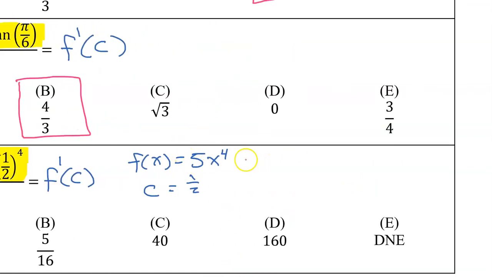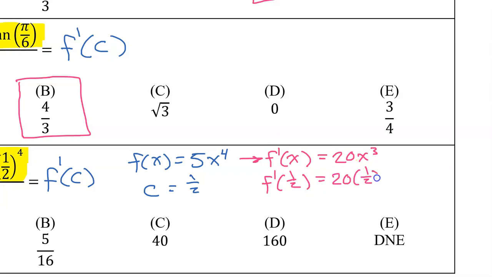So f prime, first I'm going to just do f prime at x. The power rule, so 4 times 5 is 20, so 20x to the 3rd power, that's f prime. Now, how about f prime at 1/2? So that would be 20 times 1/2 cubed.